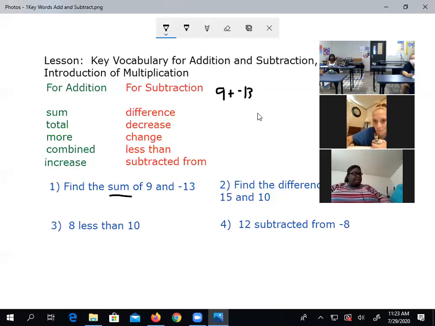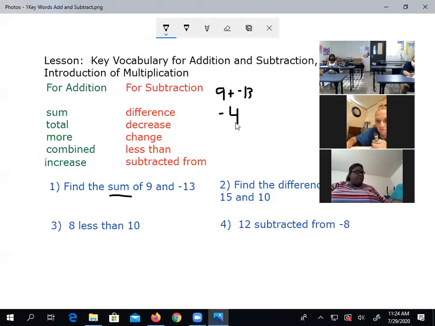Don't just say 9, but that's $9 that I have, and I'm combining it with $13 that I owe. We understand money that you have with money that you owe: you have to pay off your debt. So the $9 is going to remove $9 of debt, which means you're going to be left with a -4.